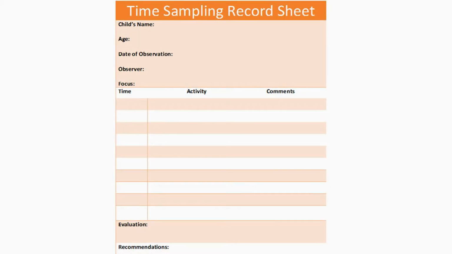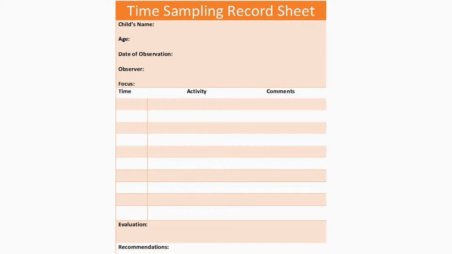You will then have to decide on how often you will check to see what the child is doing. For example, 1 minute every hour. And during this time, you will observe the child and record whether the behavior occurs or does not occur at the very end of the interval. And making comments will also help give an idea of what the child was doing at that particular time.